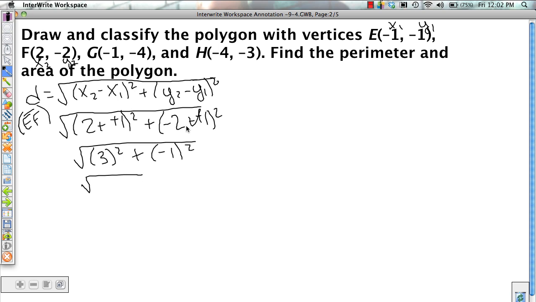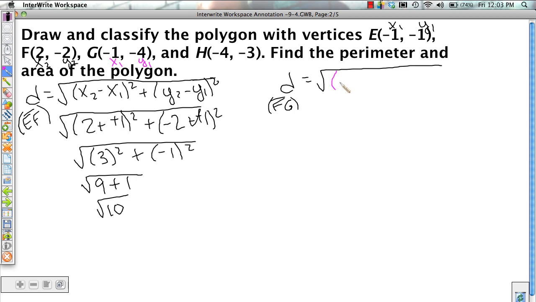Now since -2 minus a -1 is a -1, make sure to put -1 in parentheses. 3 squared is 9, -1 squared is a +1, so we get that EF is the square root of 10. Now to do the distance of FG. So now FG, we could leave F as x2, y2, and G becomes x1, y1.